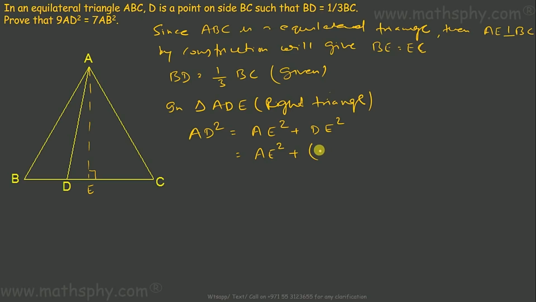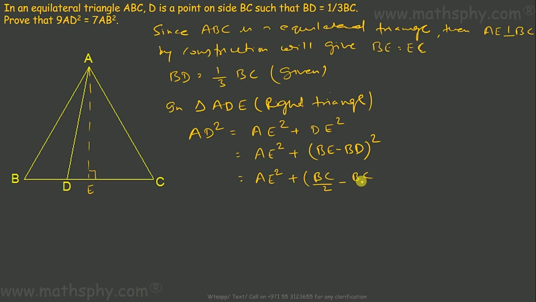I can write this as BE minus BD whole square. Okay, AE square plus BE can be half of BC. BC over 2 minus BD, which is already 1/3 of BC.